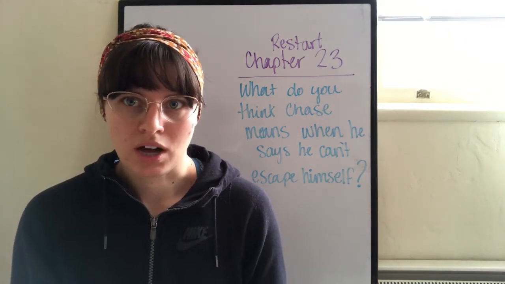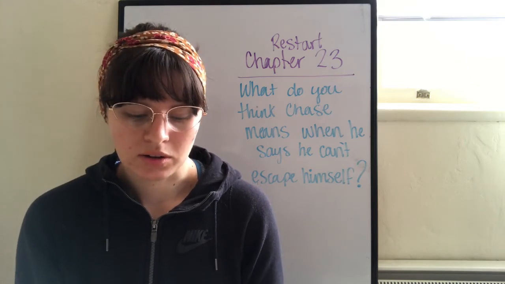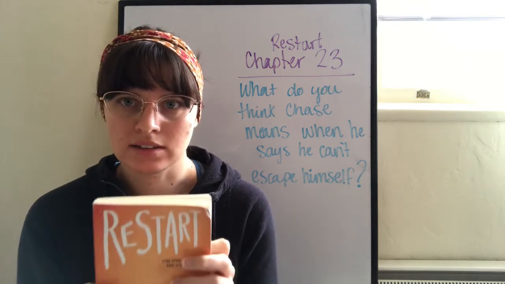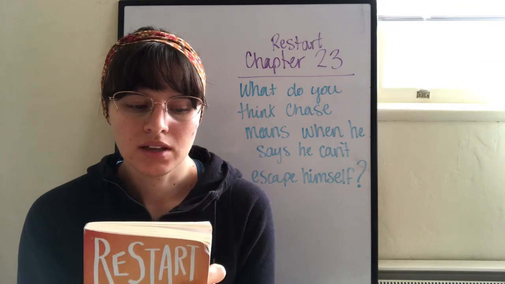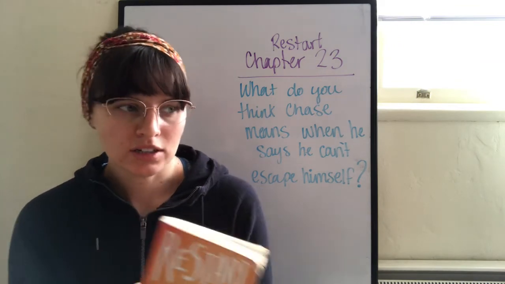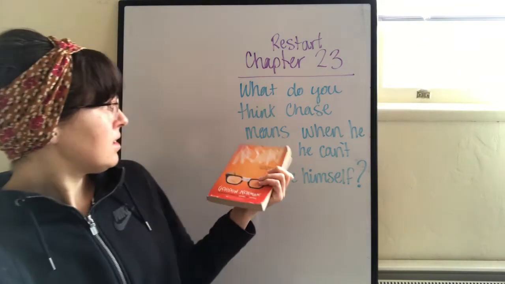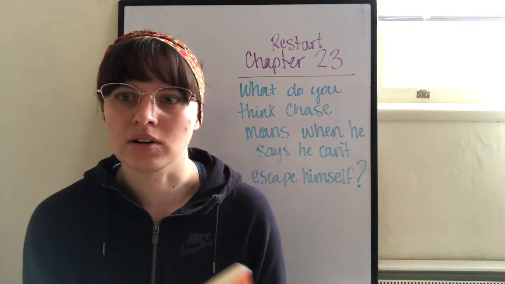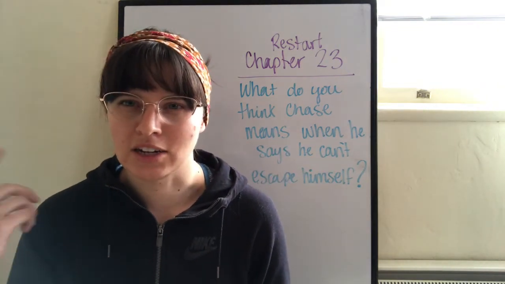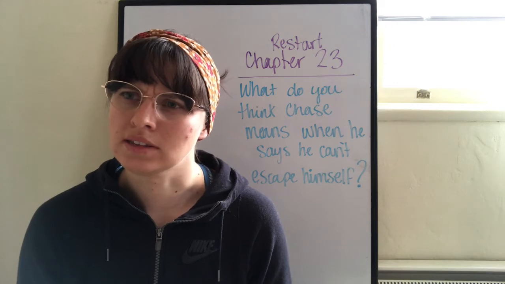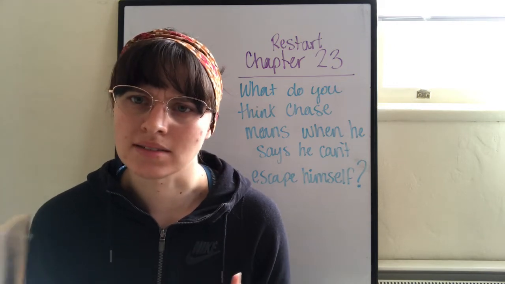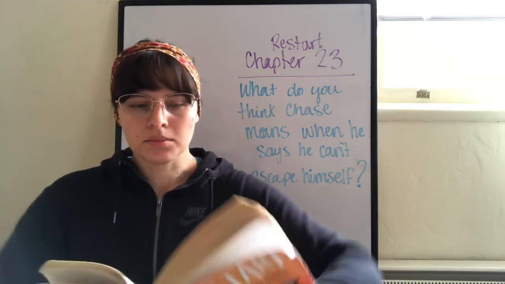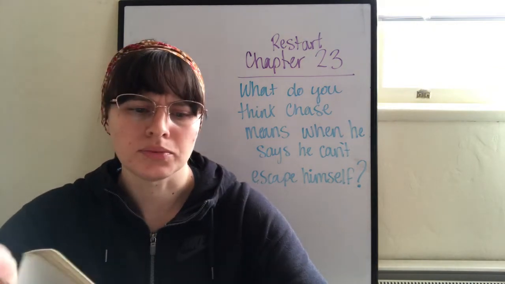So he's going through a lot internally. So I'm curious to see what happens next. The question I want you to have in your mind, Chase is going to say something about escaping himself. And I just want you to think about what that means. He says, I won't be able to escape myself. Just kind of think about what that means to you.